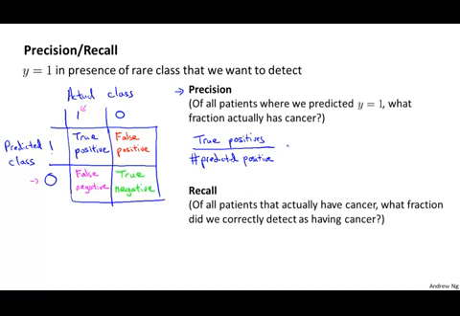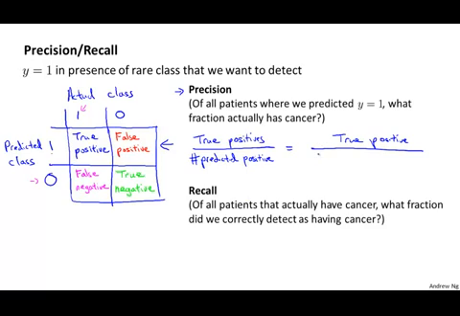So that's called precision. Another way to write this would be true positives, and in the denominator, the number of predicted positives, which is the sum of the entries in the first row of the table.